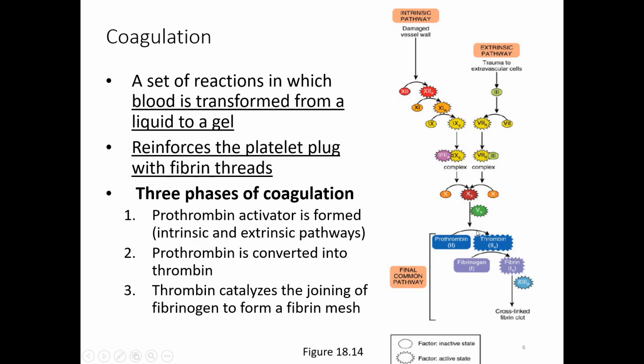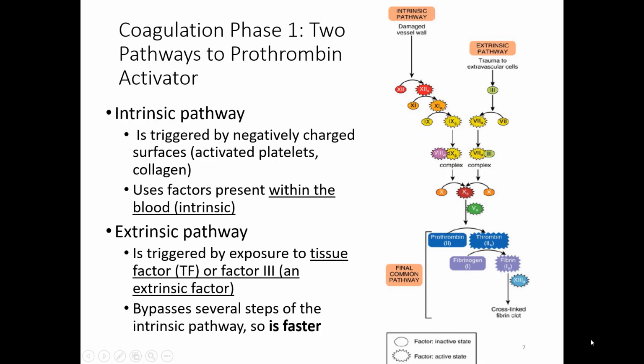To convert prothrombin into thrombin, there will be a chain of chemical reactions to form prothrombin activator. Right here is prothrombin activator, and those 2 chains of chemical reactions are called intrinsic and extrinsic pathways. Let me explain all that in detail right now.